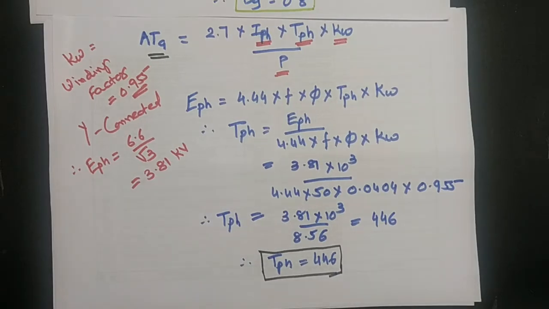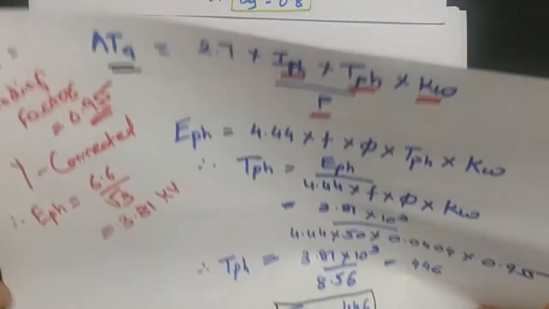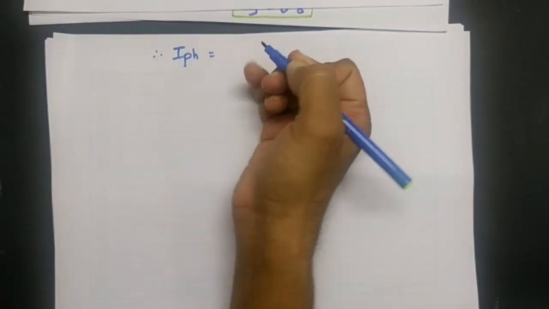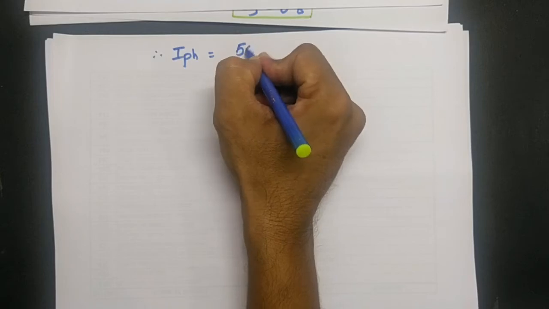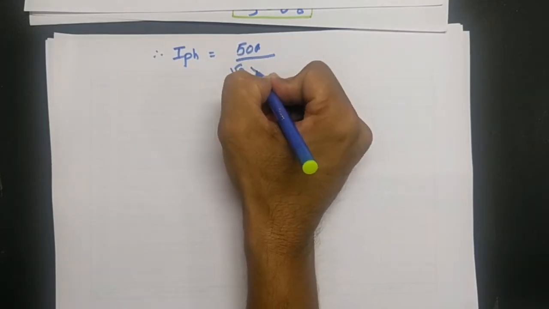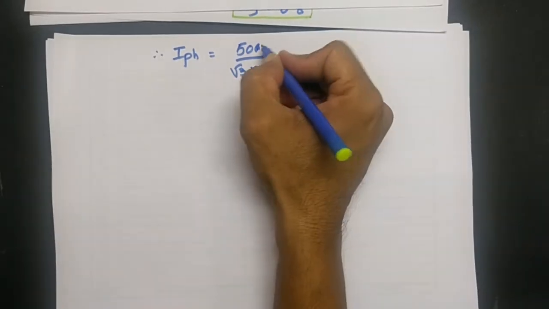Now the second quantity, that is the current per phase. We need to calculate current per phase, and then we will be able to calculate ampere turns for the armature. So current per phase is 500 kVA divided by root 3 multiplied by VL, that is 6.6.